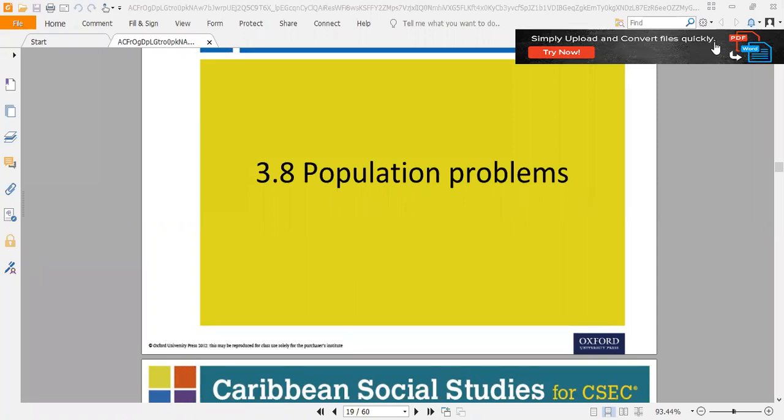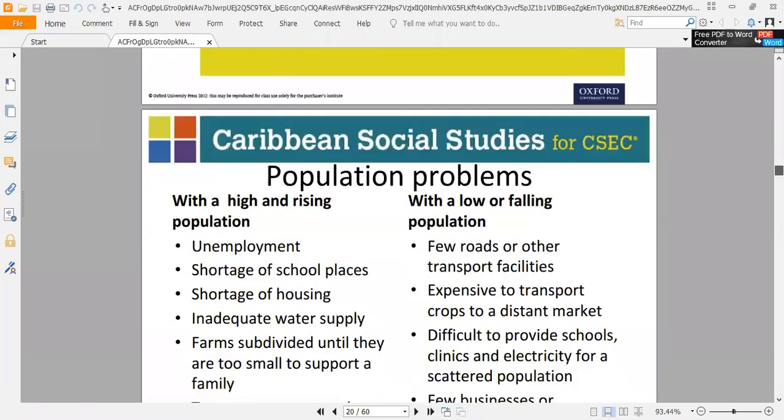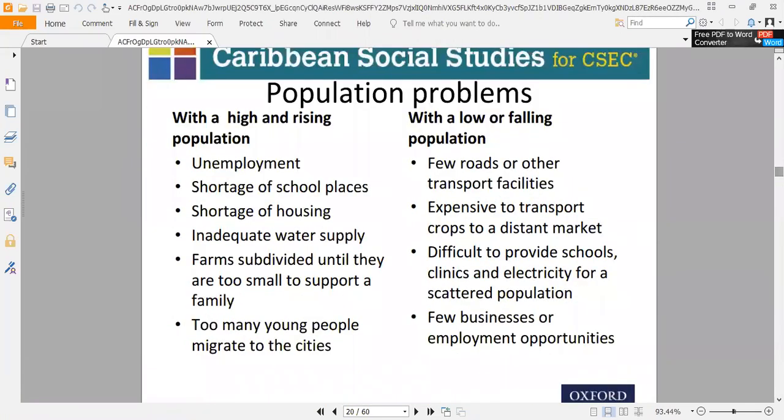All right. So immigration. All right, so we have quite a number. Let's go and see how many persons were able to get their example on the board. All right, so population problems. We have two characteristics in terms of how the population may be moving along.